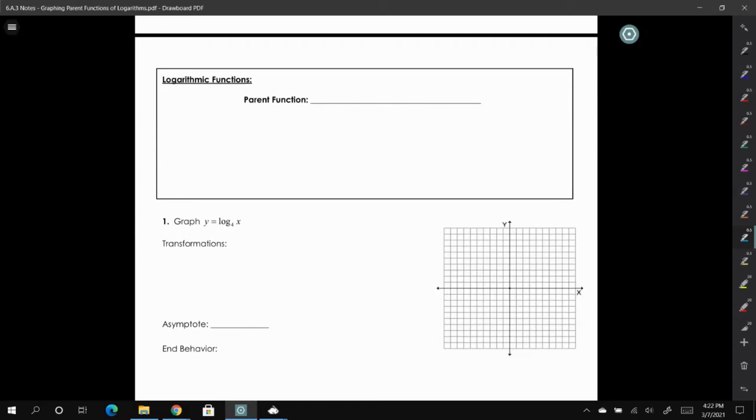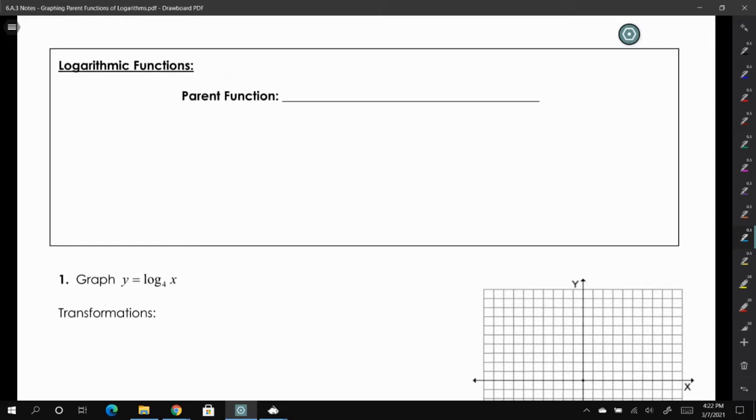Today we're going to start graphing logarithmic functions. Now we're going to write the parent function or the standard form of a logarithmic function. So y equals, and you'll notice that we have our a, h, and k value back like we had with all of our other functions.